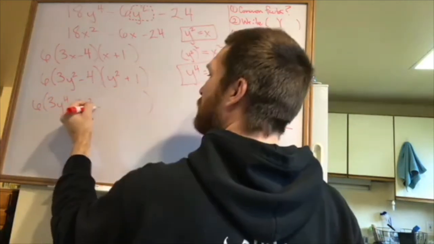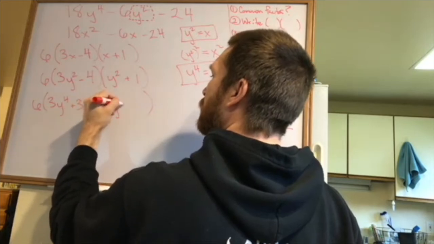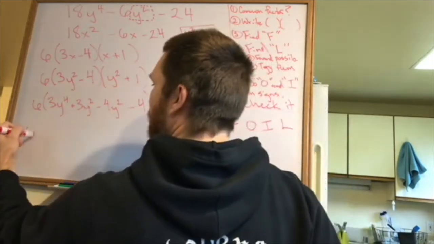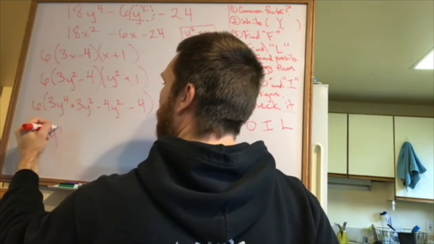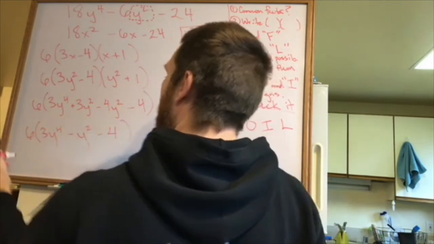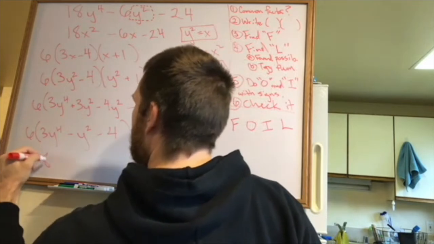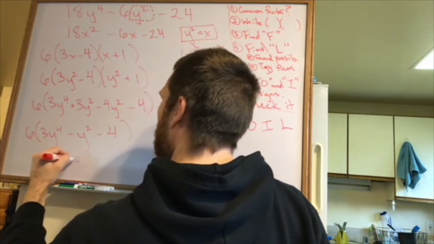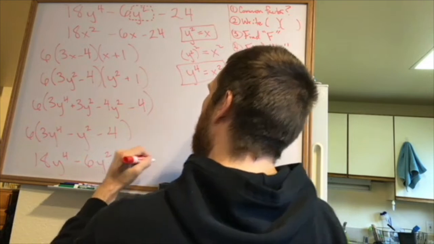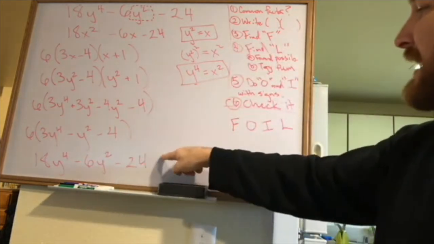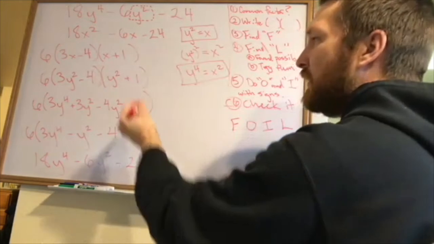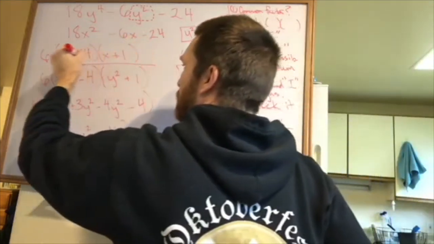The inner gives me a minus 4y squared. The last gives me a negative 4. And I have 6 times 3y to the 4th minus y squared minus 4. And then I distribute that in and get 18y to the 4th minus 6y squared minus 24. And I can see that, yes, that is the same thing as that. And so we're good. And I would say that's my answer right there.